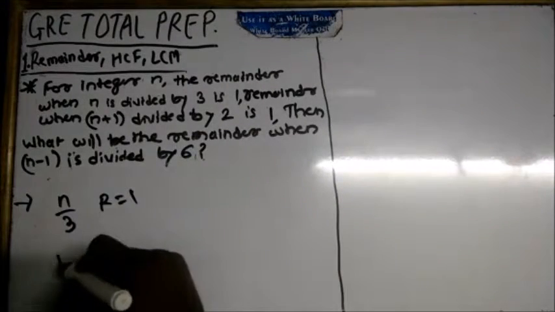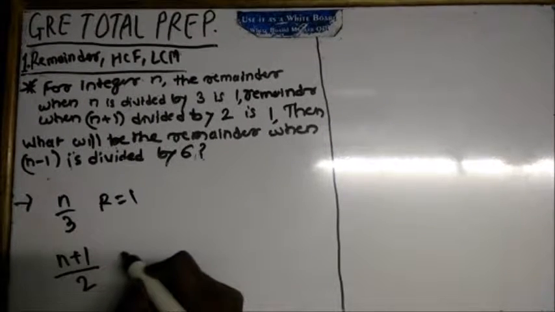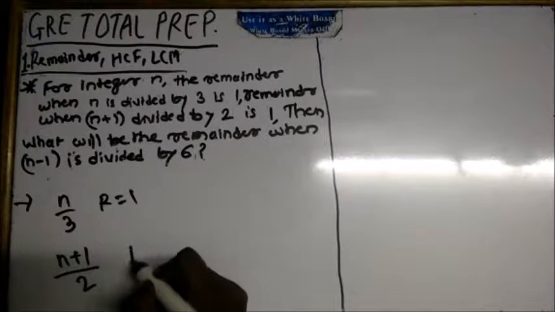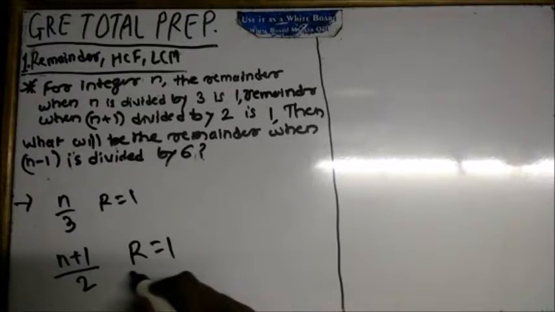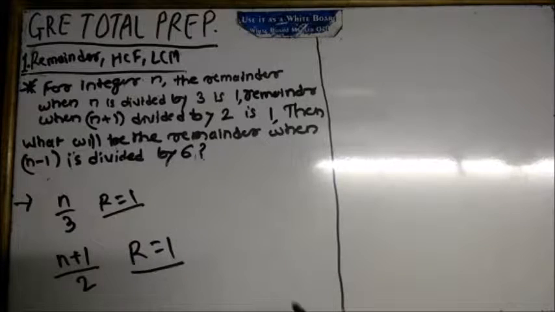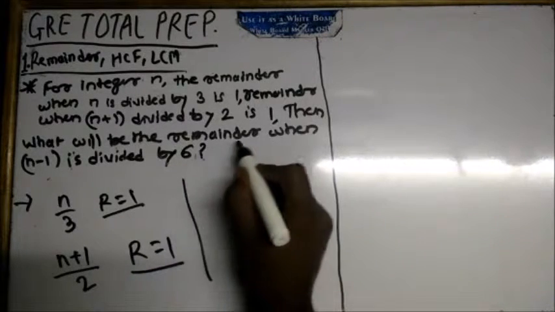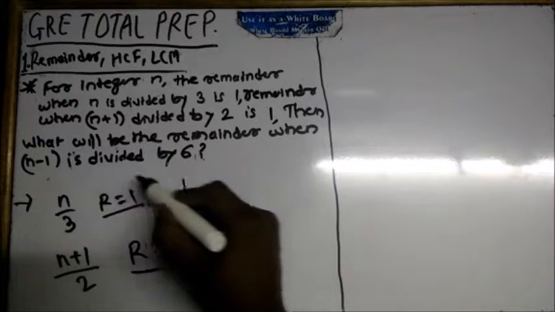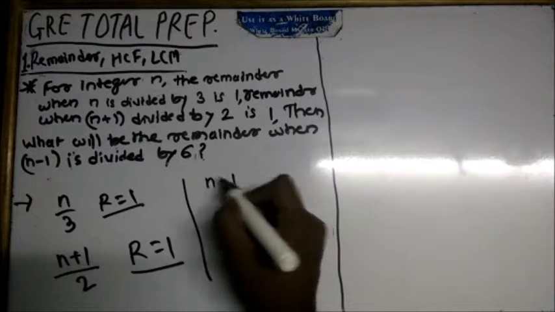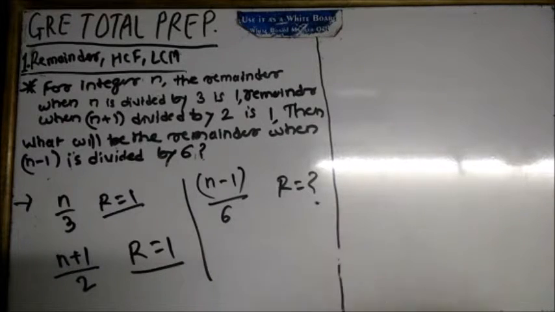Remainder when n plus 1 is divided by 2 is again r is equal to 1. When n plus 1 is divided by 2, we are getting the remainder 1. So what will be the remainder when n minus 1 is divided by 6?